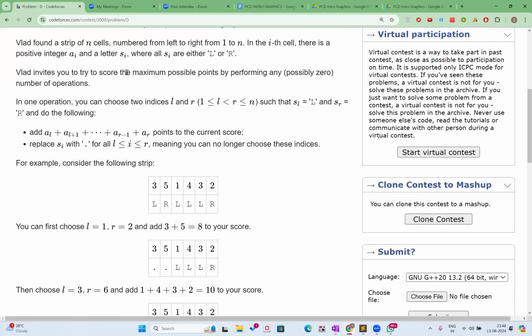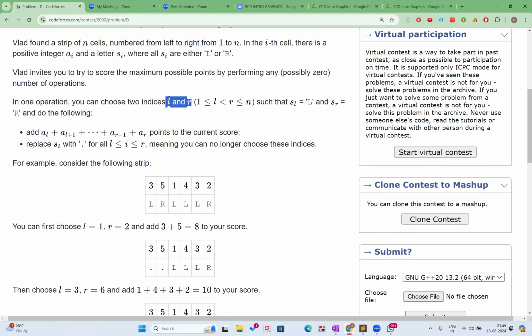So in one operation we can choose two indexes L and R, the left and right index, such that SL equals L and SR equals R, and add the values AL to AR to the score.